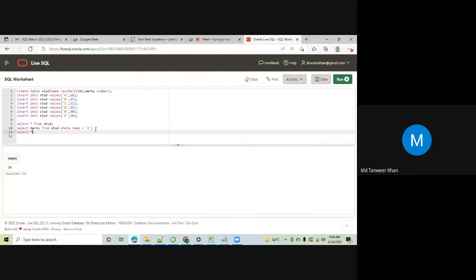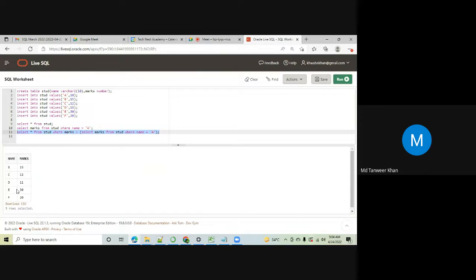Select star from student where marks should be greater than marks of this. So you got this output.